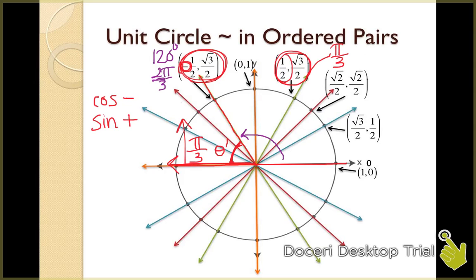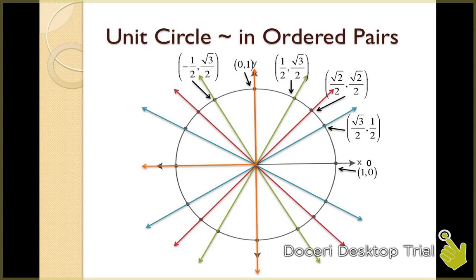So we take the same 1/2 cosine that we got from our reference angle, pi over 3, but now we make it negative because it's in the second quadrant. And then we take our square root of 3 over 2, that gives us our sine, and that remains positive because, again, we're in the second quadrant, which is where sine is positive. Okay? And as you continue around, you can do that with every one of these angles.